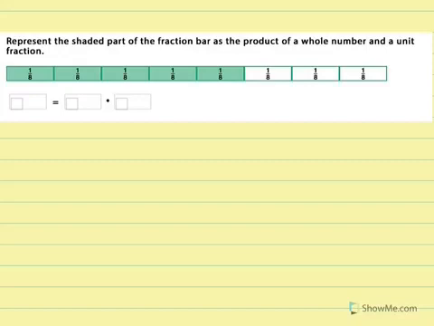So for this one, I want you to represent the shaded part of the fraction bar as the product of a whole number and a unit fraction. I want you to do this on your own, and then we're going to check. Go. Okay, I think we're ready to check. So, we've got the product, which is the answer in a multiplication problem.